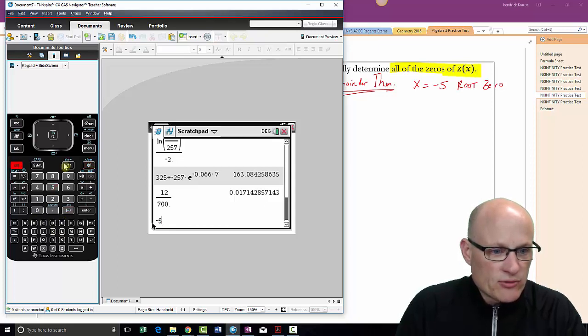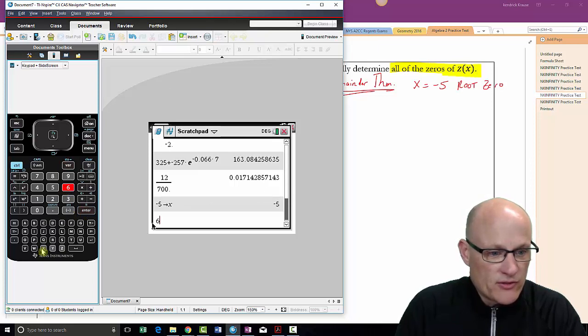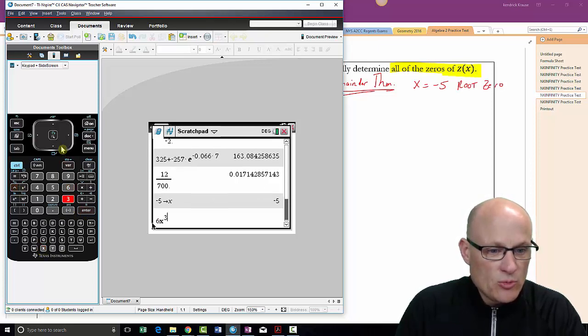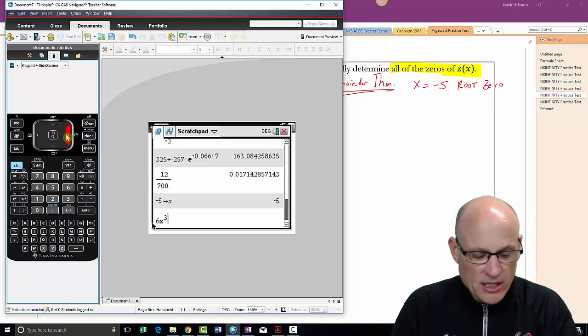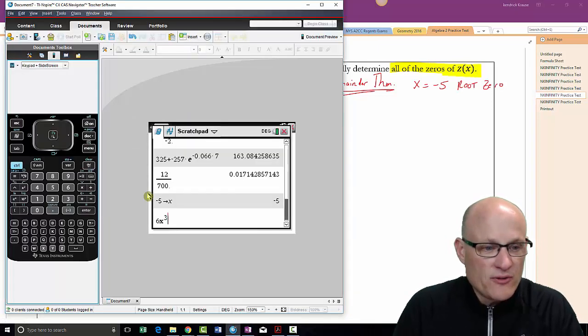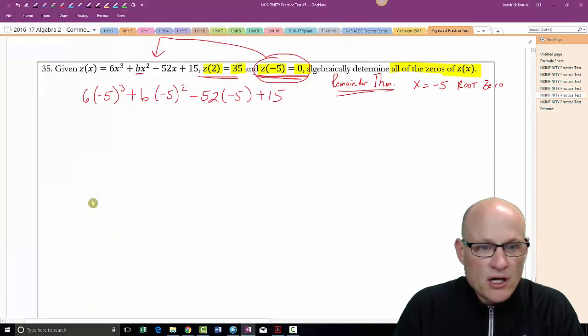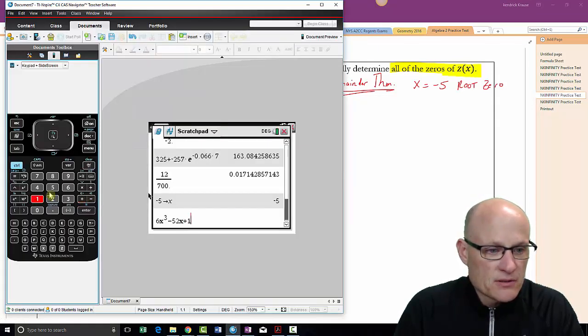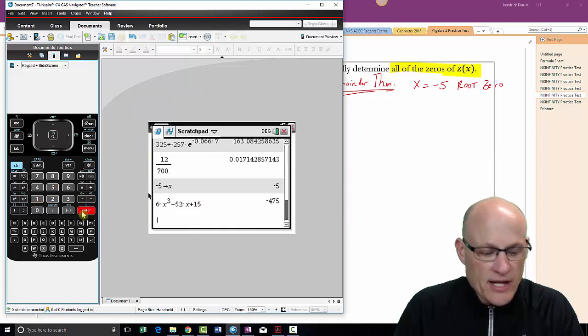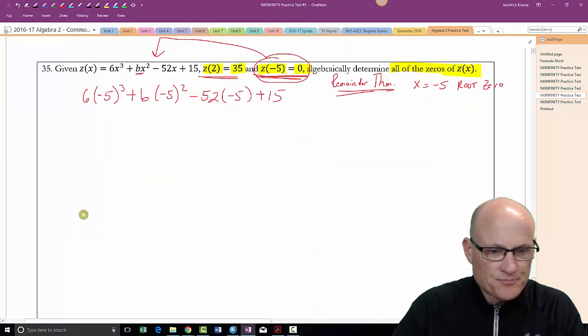Negative 5, control var x. Now I showed what I was doing, but now I'm going to type it in. 6x cubed, to get out of cube mode. Now I'm not going to put the squared thing in, so minus 52x, plus 15. And I get negative 475.